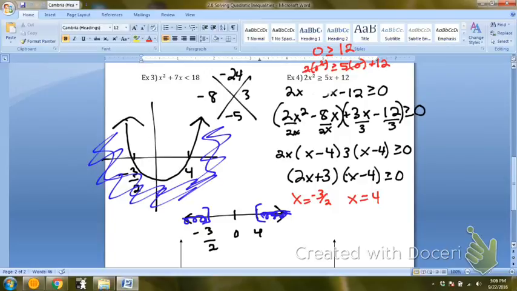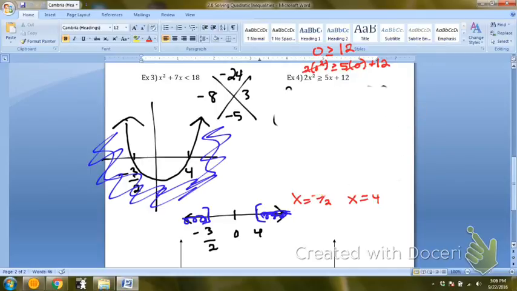When you write your final answer, we're going from negative infinity to negative 3 over 2, and there's a bracket around negative 3 over 2. But you can never close off infinity. Would you guys agree with that? You can't ever make infinity stop.